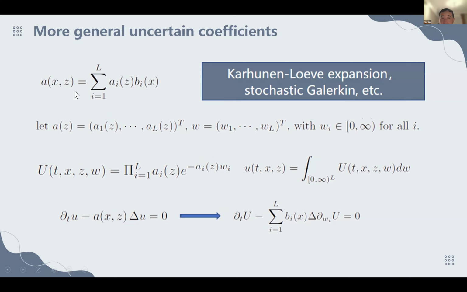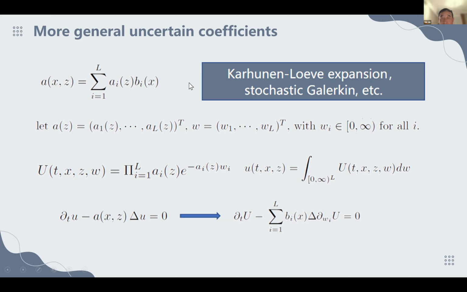So now let's consider the general case A, which, well, it's not completely general, but it's a function of Z times a function of X, but you need many terms. You need L terms to do this. Of course, this is not the most general function of X and Z, but that's essentially what people do in the community of uncertainty computation.